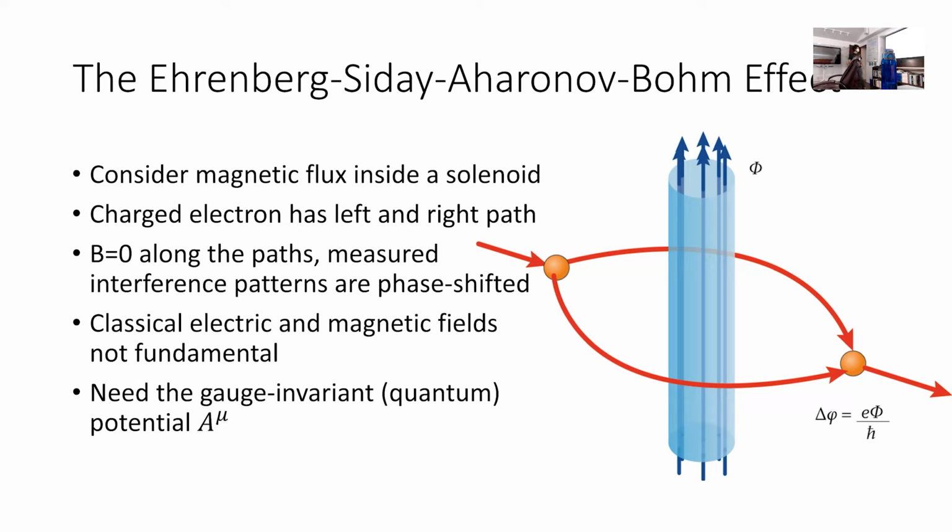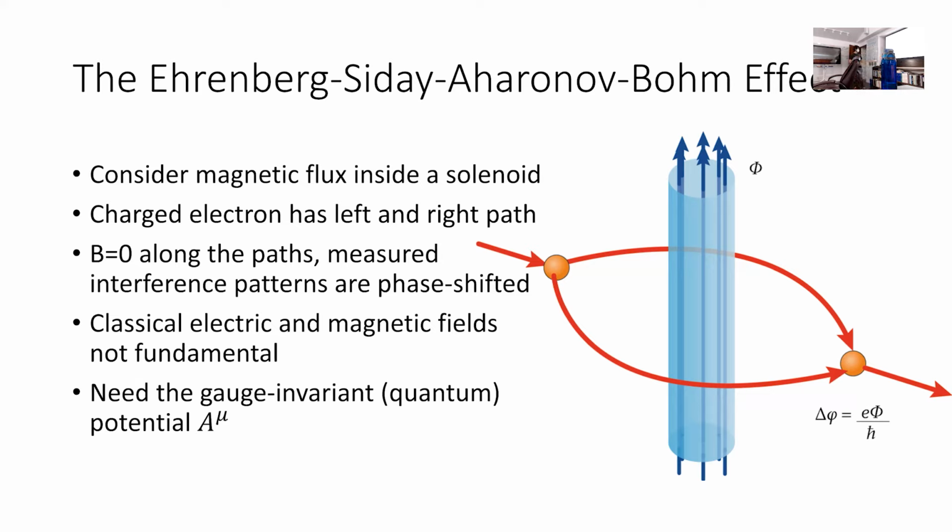And if you take an electron and you send it around one way versus the other way, if it only depended on the magnetic field at that position, then there should be no electromagnetic effect. But what was found experimentally is that there's actually a phase shift in the wave function, even when the magnetic field is zero on the red lines.